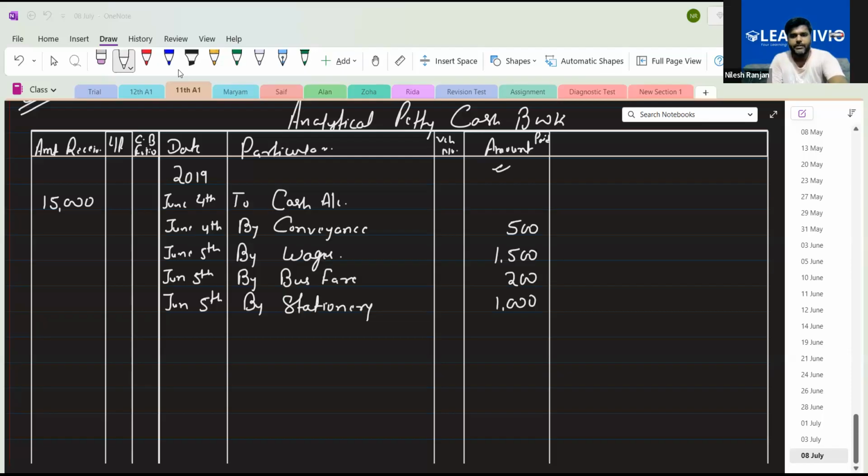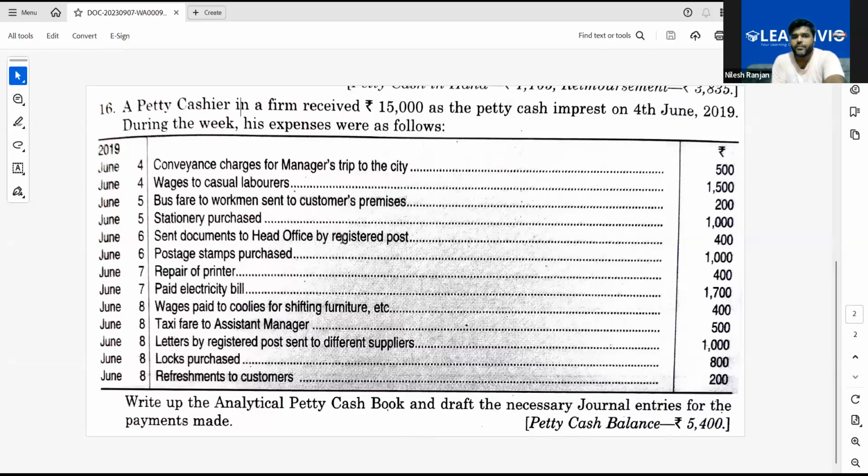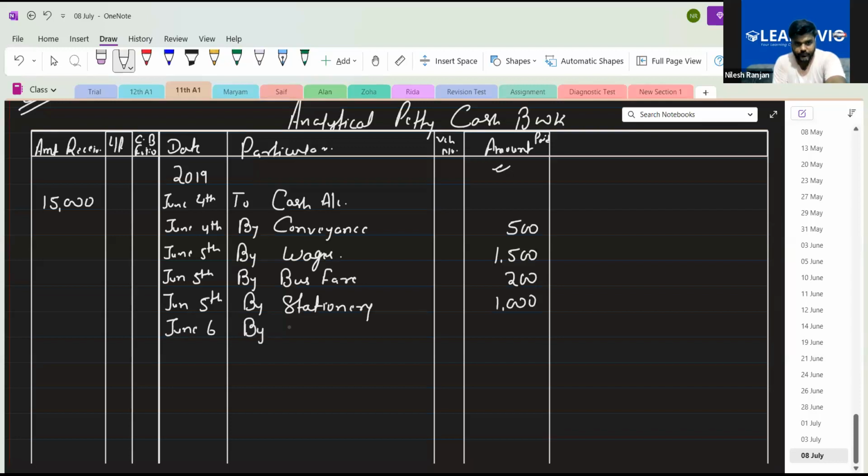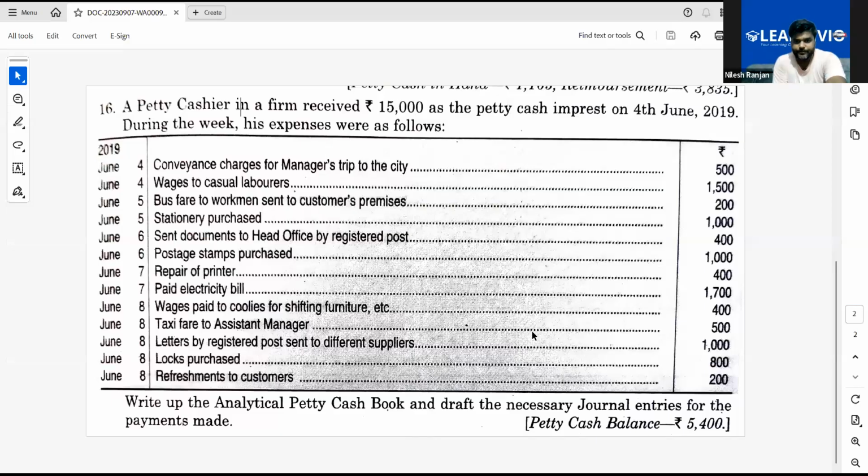So by stationery. After this, sent document to head office by registered post, June 6, postage 400. By postage 400.